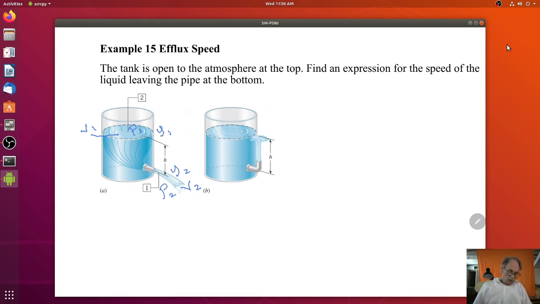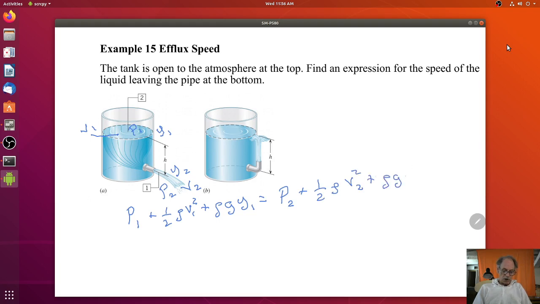And so, applying Bernoulli's principle, P1 plus 1/2 rho V1 squared plus rho g Y1 is equal to P2 plus 1/2 rho V2 squared plus rho g Y2.